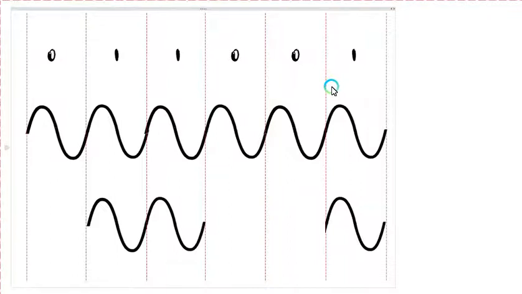ASK is analogous to AM because in amplitude modulation, the amplitude of the carrier wave is changed according to the instantaneous value of your modulating signal.